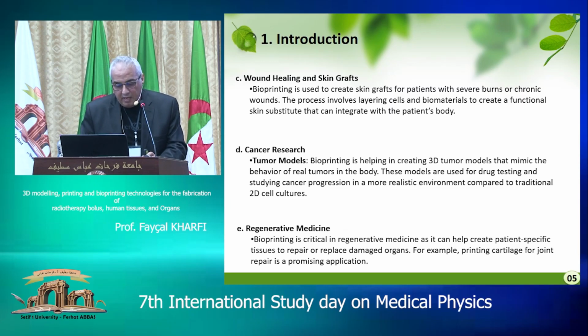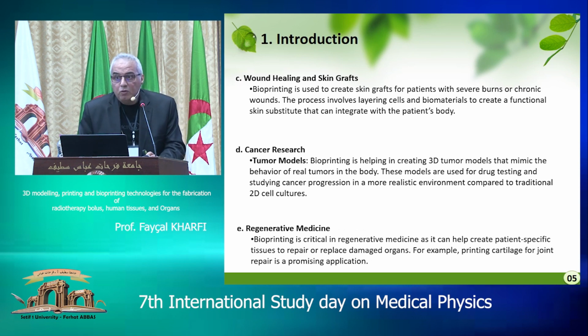Here we can develop tumor models. Bioprinting helps in creating 3D tumor models that are able to mimic the behavior of real tumors in the body. These models are used for drug testing and studying cancer progression in more realistic environments compared to traditional 2D cell cultures.